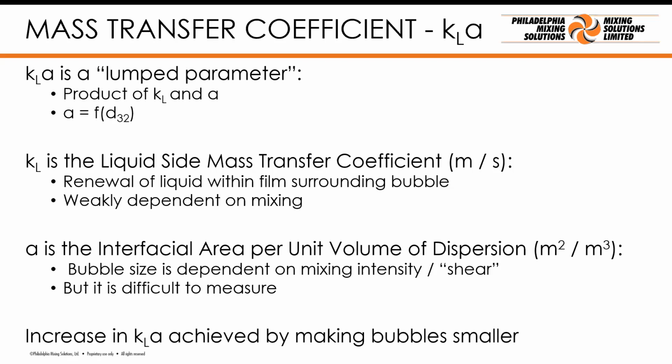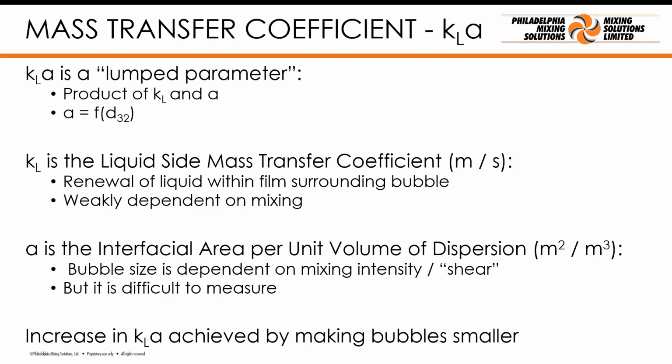KL is the liquid side mass transfer coefficient, and we're looking at renewal of the liquid within the film surrounding the bubble as the process by which KL increases. A is the interfacial area per unit volume, and we're making smaller bubbles. The bubble size is dependent on the mixing intensity or shear that the gas experiences as it passes through the blades of the lower impeller.